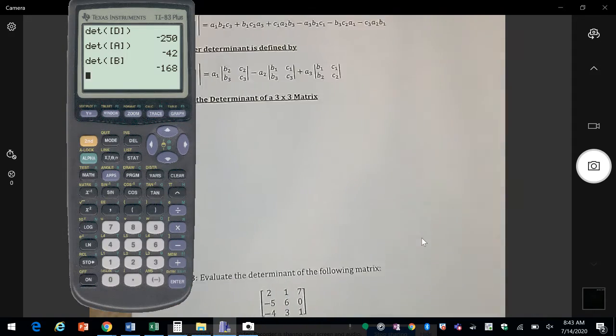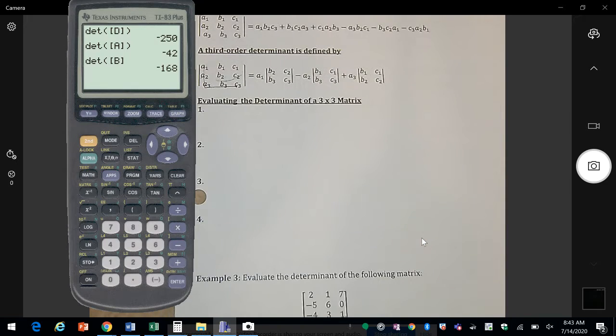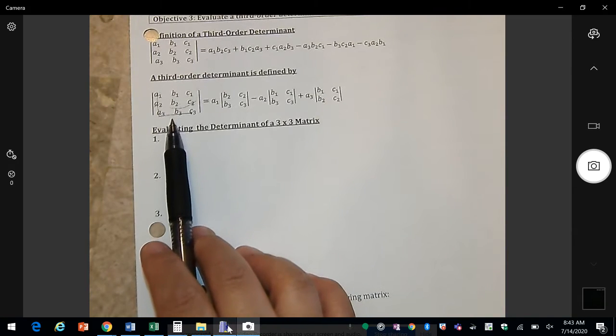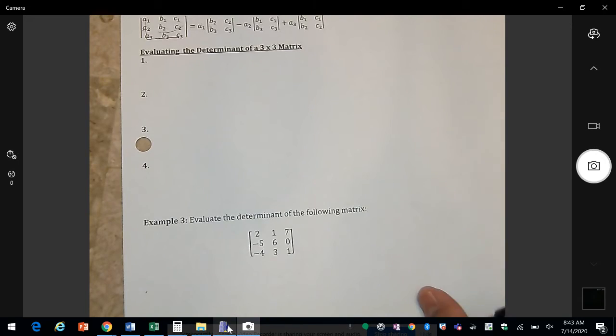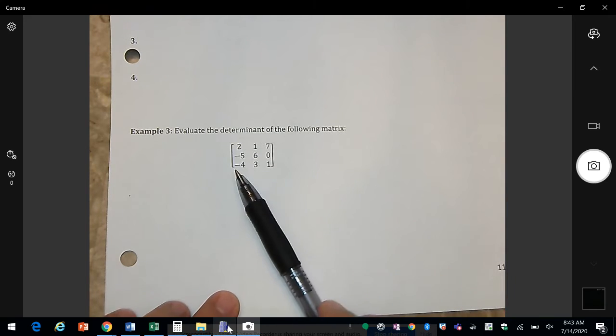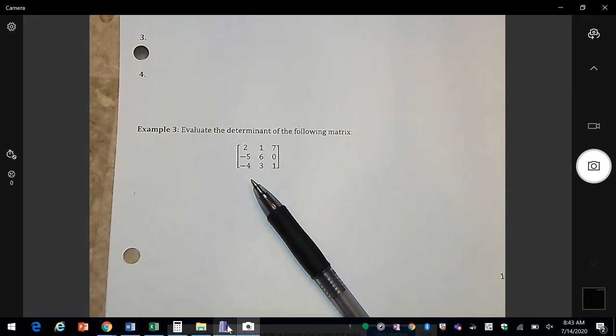Okay. So again, this is a process of getting the determinant if it's more than 2 by 2. However, I am going to allow you to use a calculator. So to get the determinant for this, we would enter it into the calculator.